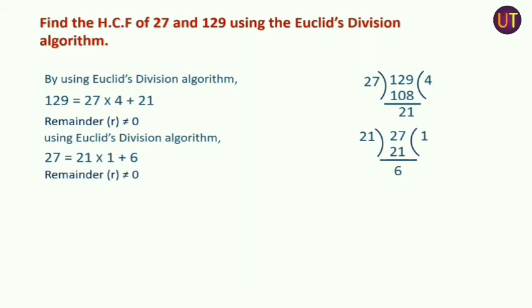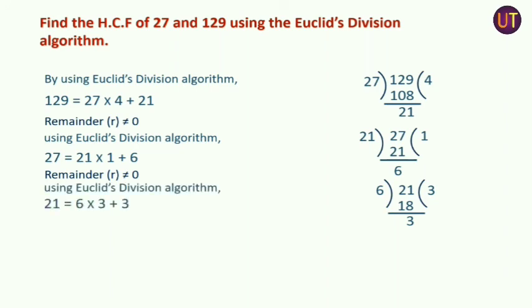Here the remainder is not 0. Again using the same process, the divisor will be your dividend and the remainder will be your divisor. You will divide it 3 times. Here 3 sixes are 18. So we are getting the remainder as 3. So we can write 21 equals 6 multiplied by 3 plus 3.